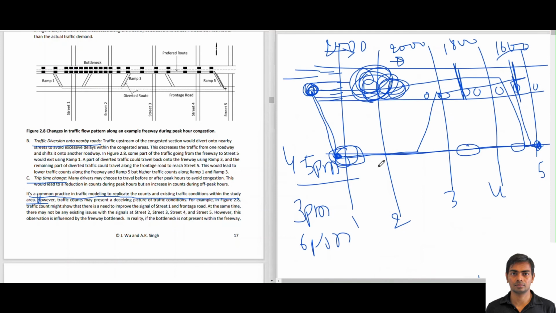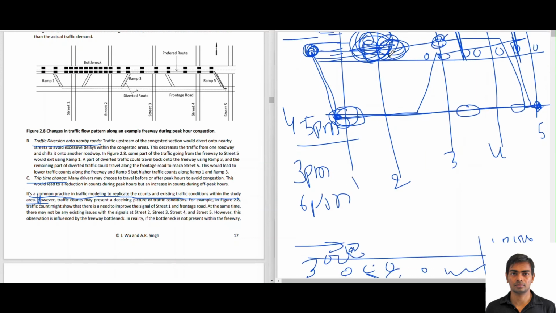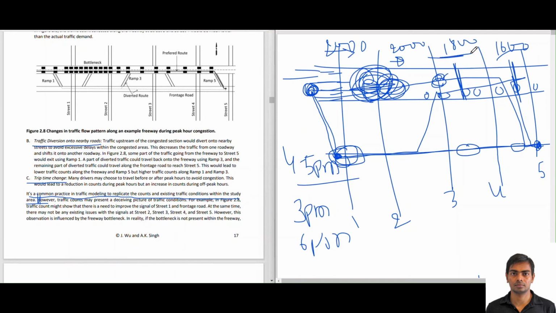For example, let's say this congestion is fixed and the volume here increases. Now what will happen is, since we have not fixed these issues in our system, there will be new issues at different locations.